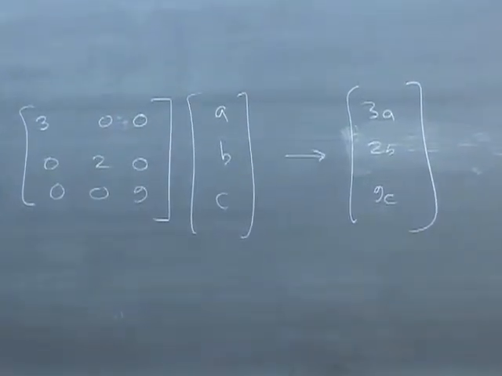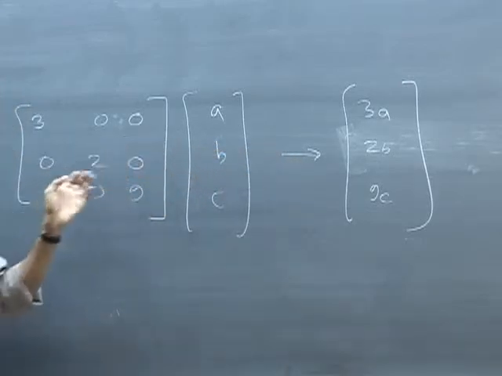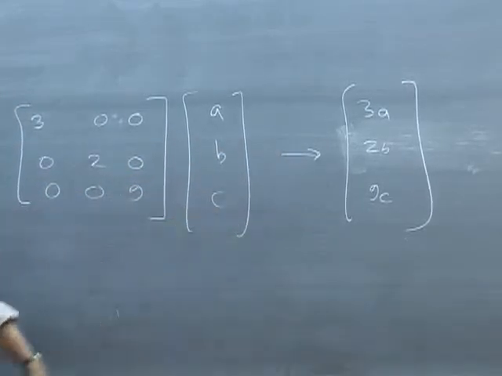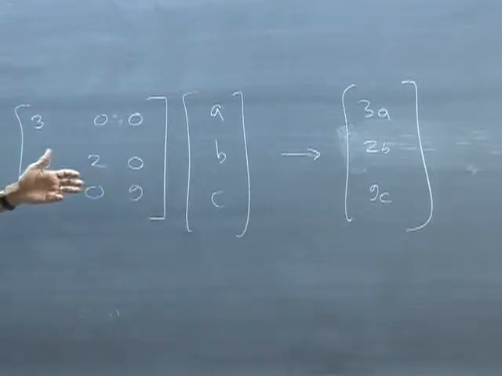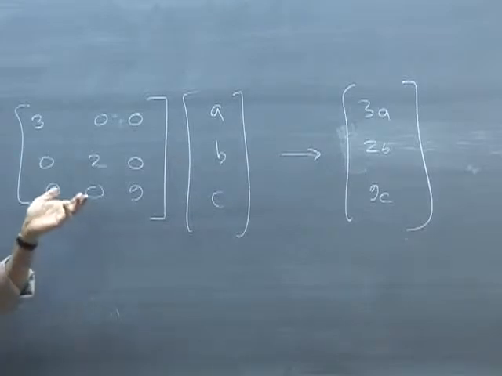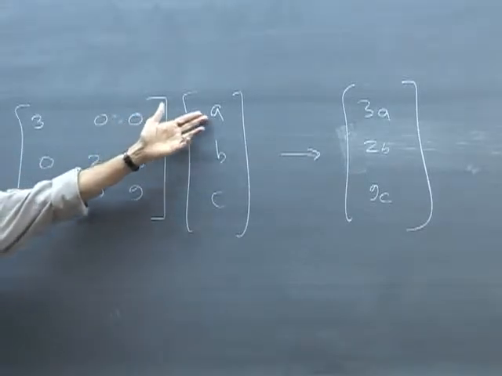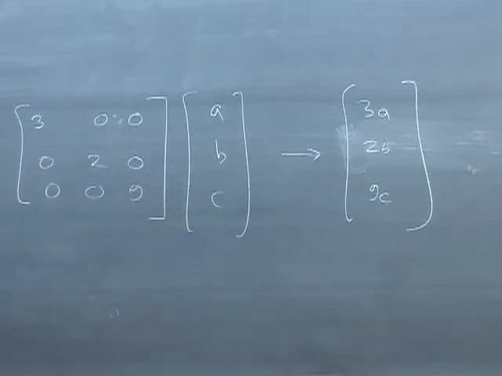Okay, and we need zeros here because the first one is being multiplied by a scalar value, the second is multiplied by a scalar value, the third one is multiplied by a scalar value, and in fact all the others are not being. So this matrix here is scaling up each of these components by a scalar value, and there's no mixing at all, right? And so that's why this can be viewed as a transformation matrix.